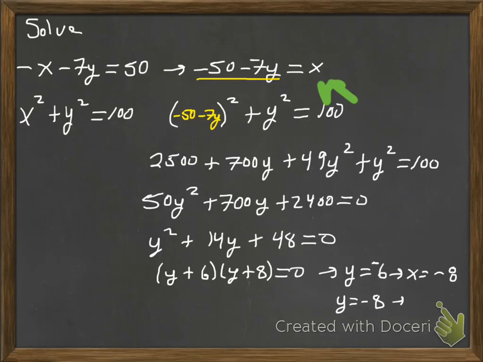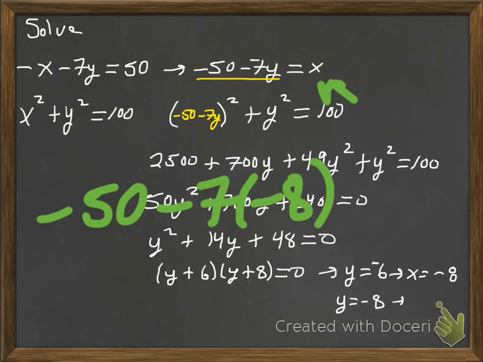And then the second one, we're going to plug in the same thing, negative 50 minus 7 times negative 8. 7 times negative 8 is negative 56, and with the negative in front it becomes positive 56. And then the difference there will be positive 6, so the x will be positive 6 there.